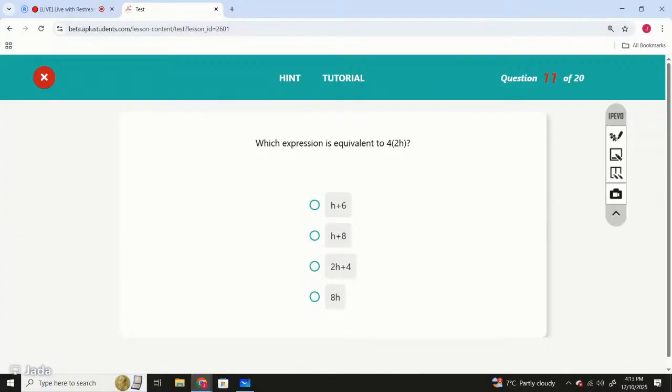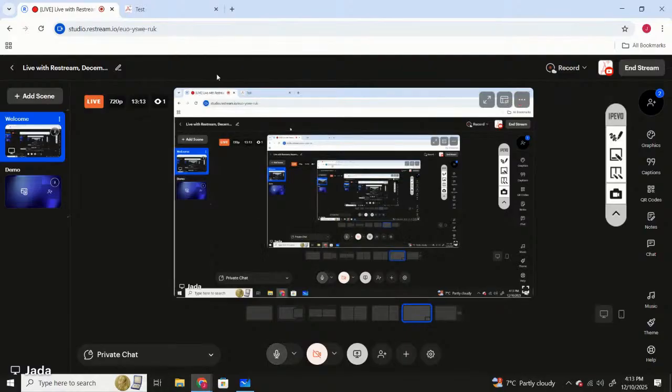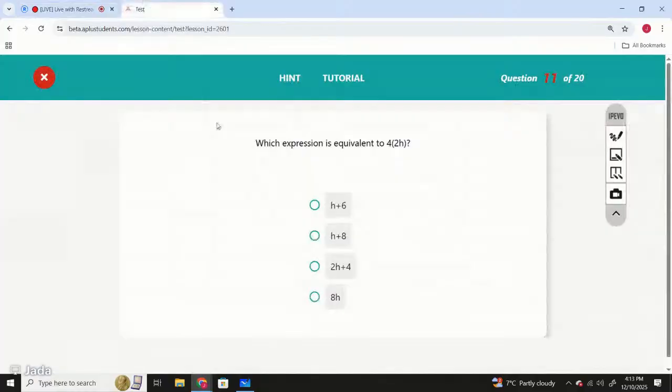Which expression is equivalent to 4 times 2h? So 4 times 2 is 8. That equals 8h. Option number 4 is the correct option.